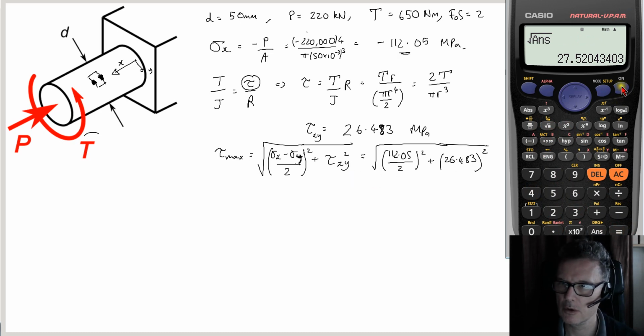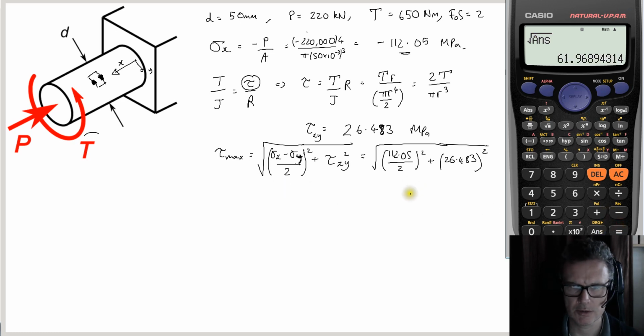And I've gone wrong. 112.05 divided by 2, square it, plus 26.483, square it. Square root.